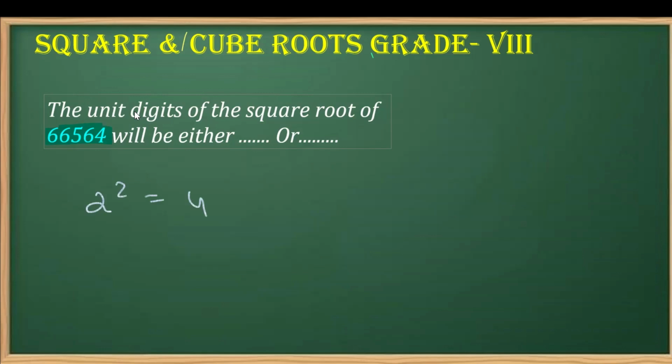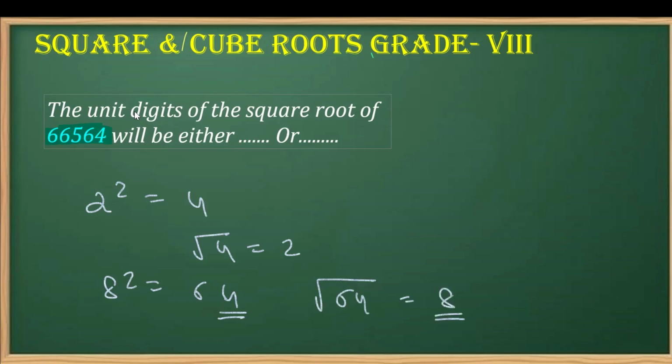That implies that the square root of a number ending with 4 will give you 2. Similarly, we know that 8 square is also 64, that is ending with the digit 4. So we can say that the square root of 64 will give you 8. So finally, we have to think in the reverse manner and we'll say that it is either 2 or 8.